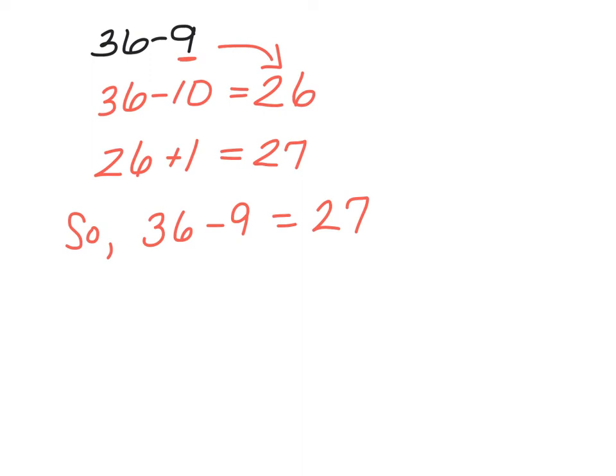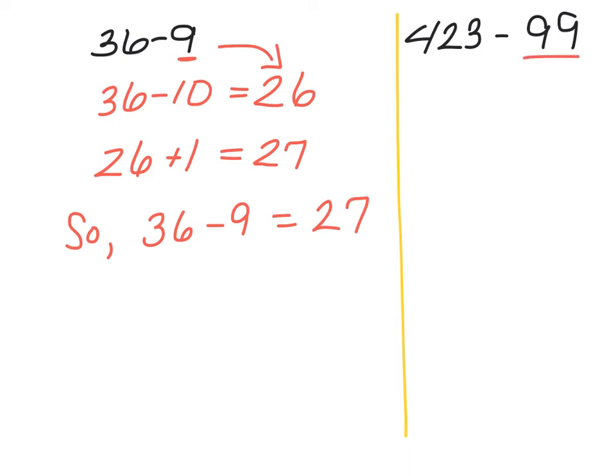Let's try one more example. So let's look at 423 minus 99. Again, we're going to solve this subtraction problem by using friendly numbers. So 99 is not a very friendly number, but 100 is. And 99 is only 1 less than 100.